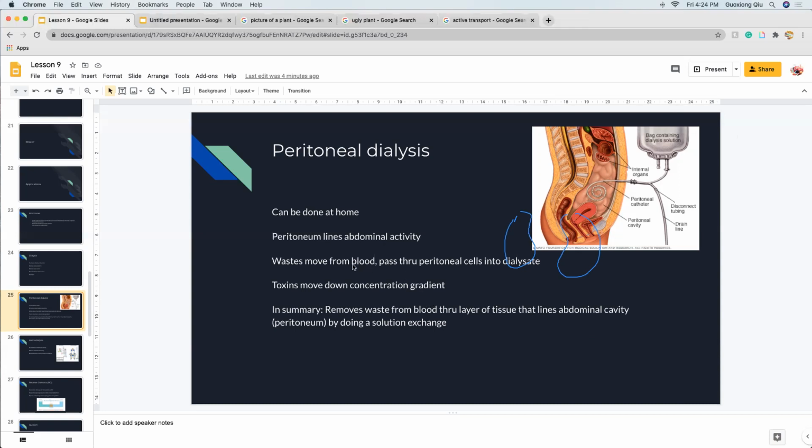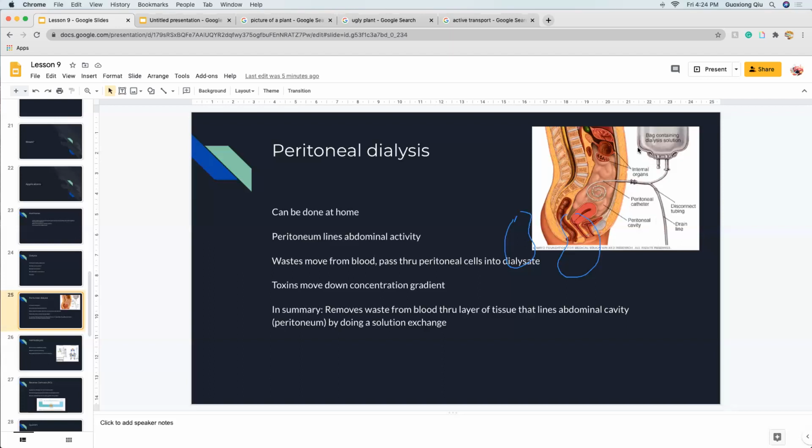And then the waste or toxins from inside your blood diffuse or filter through your peritoneum and then into an external solution we call dialysis solution. On the top right image, you can see your peritoneal cavity, and then we have your dialysis machine.